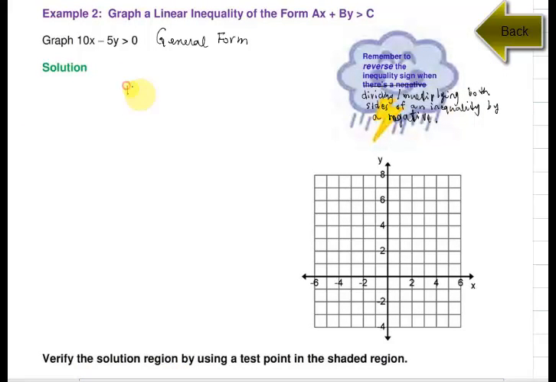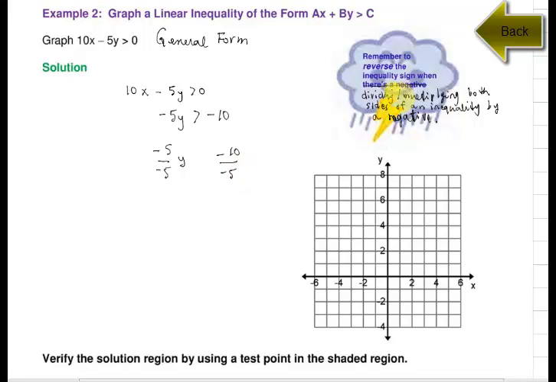So I'm going to get 10x minus 5y is greater than 0. I want to isolate for y. And so I get negative 5y is greater than negative 10x. And I notice that I'm going to be dividing both sides of my inequality by a negative number, in this case, negative 5.